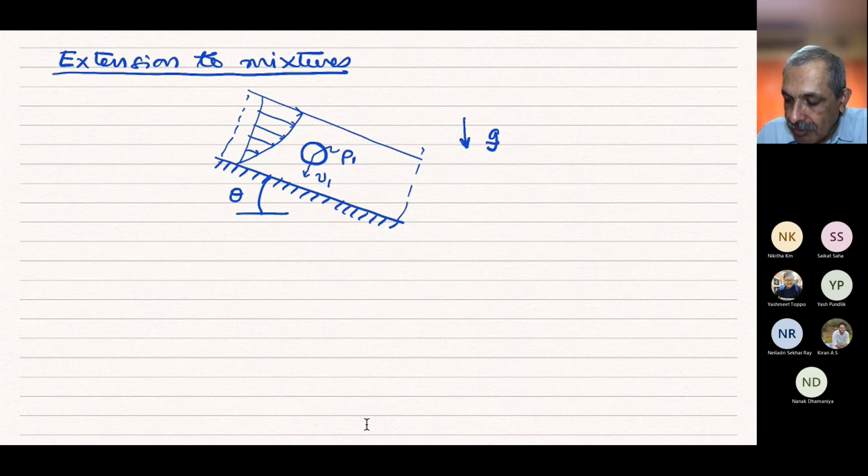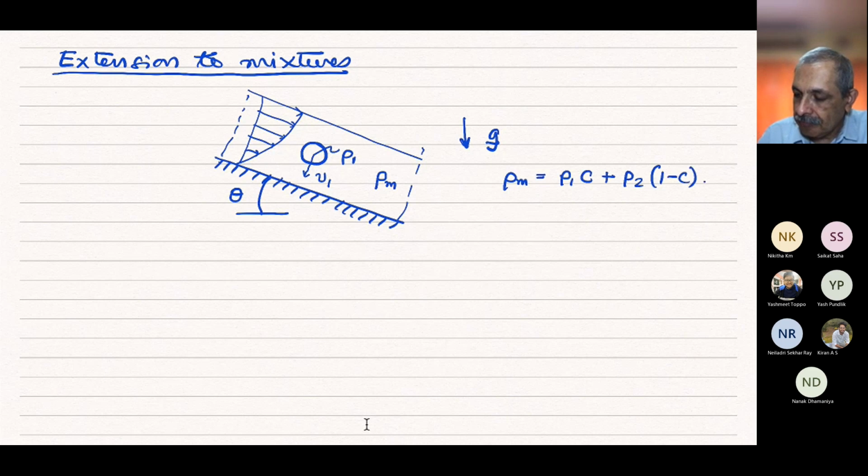So let's suppose that over here the density is just rho m. So the density is rho m, which is the rho of the mixture, which we'll say is rho m is just equal to rho 1 into C plus rho 2 into 1 minus C. Where rho 1 is the density of particle of type 1, and rho 2 is the density of particle of type 2.